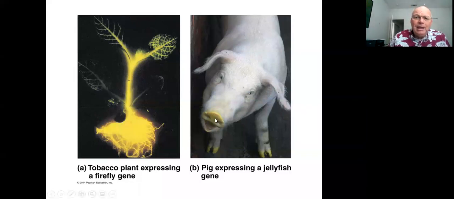And that's why this pig has a glowing nose and glowing trotters. And if you look really carefully, its eyes have a green glow. And if you could see the whole pig in the dark, you would see that it glowed green as well.